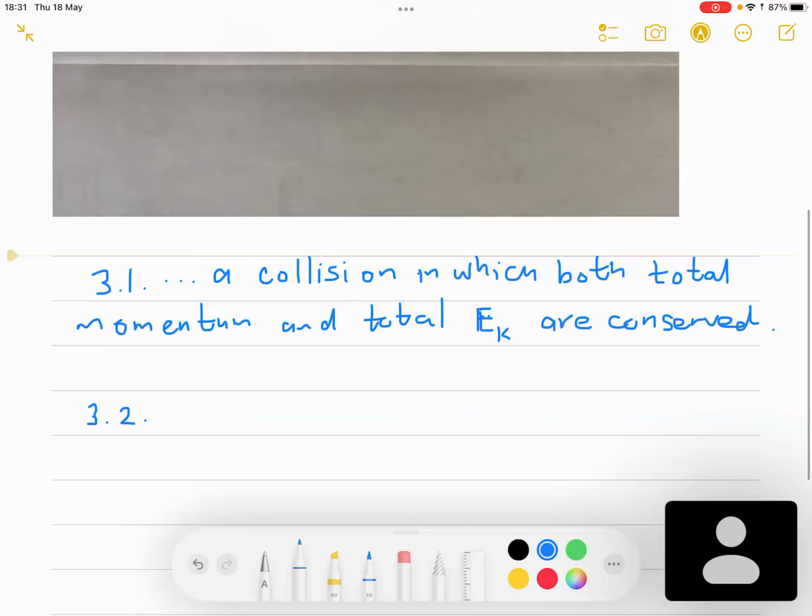So we're going to have that the kinetic energy plus the potential energy at the top, so that's just before it collides, must equal to the kinetic energy plus the potential energy at the bottom. Okay, I'm just writing it like that.